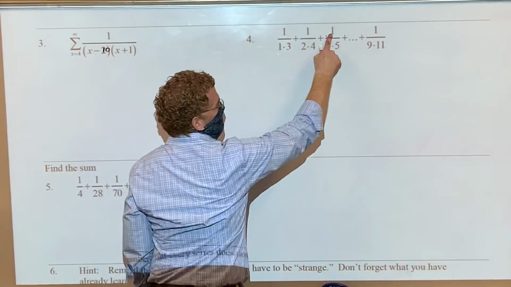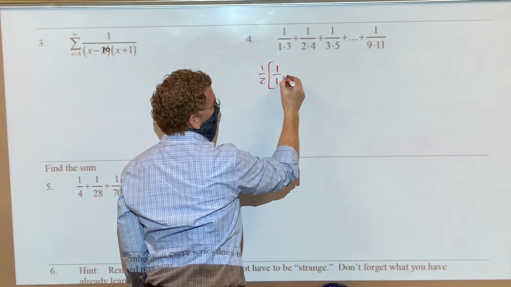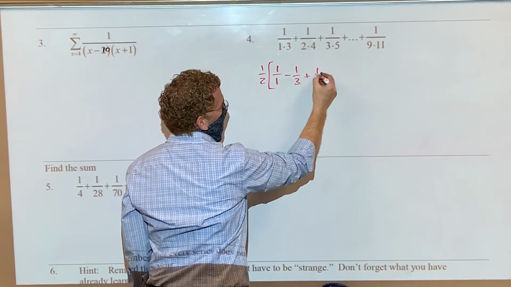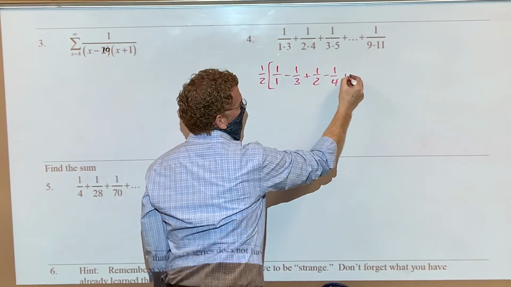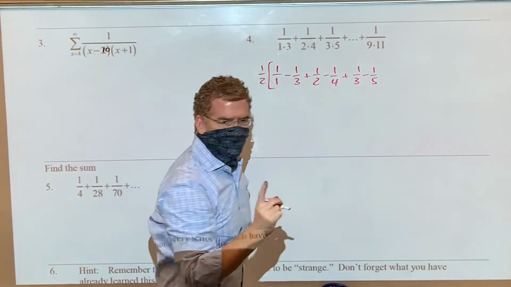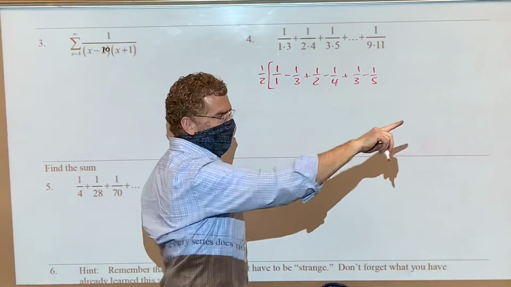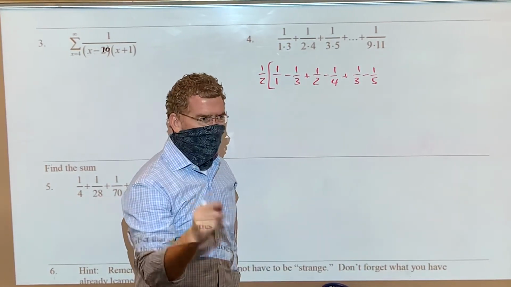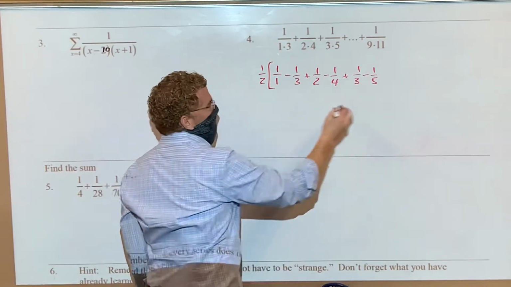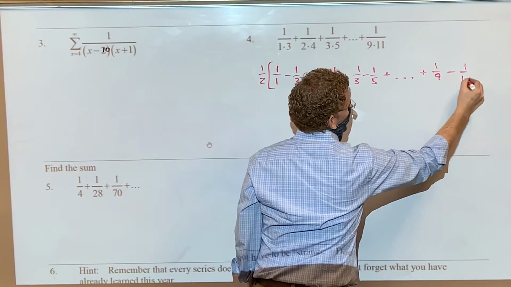Every one of these has a difference of 2, so 1/2 out front. And then I'm going to write 1 over 1 minus 1 over 3, 1 over 2 minus 1 over 4, 1 over 3 minus 1 over 5. Now again, I'm not going to write all of them out because I just don't feel like it, and sometimes it goes a long way. So I'm going to think about my process. I'm just going to put plus dot dot dot plus 1/9 minus 1/11.